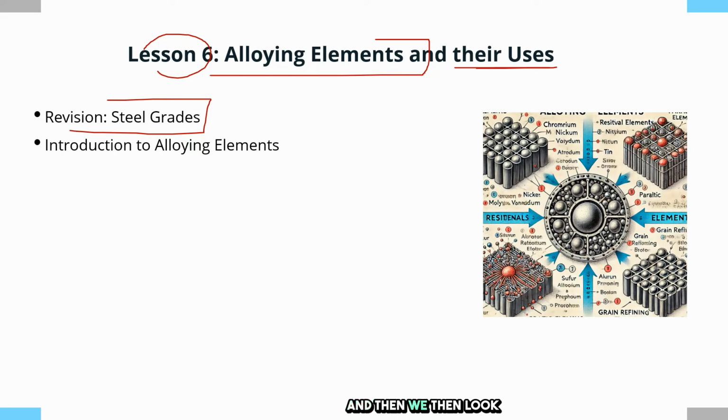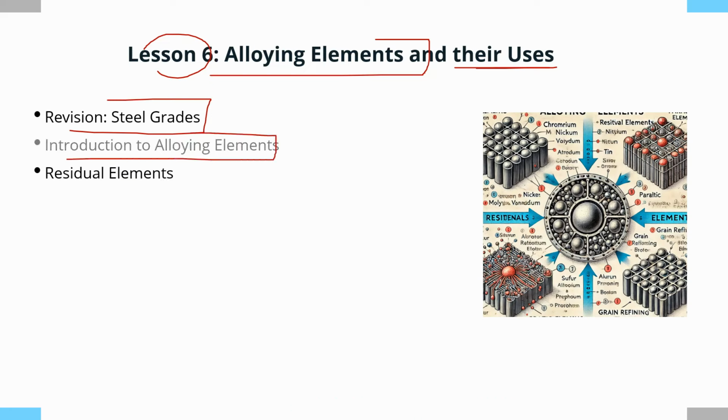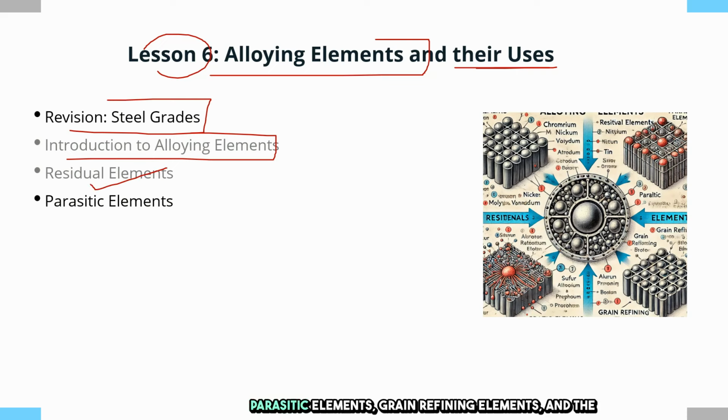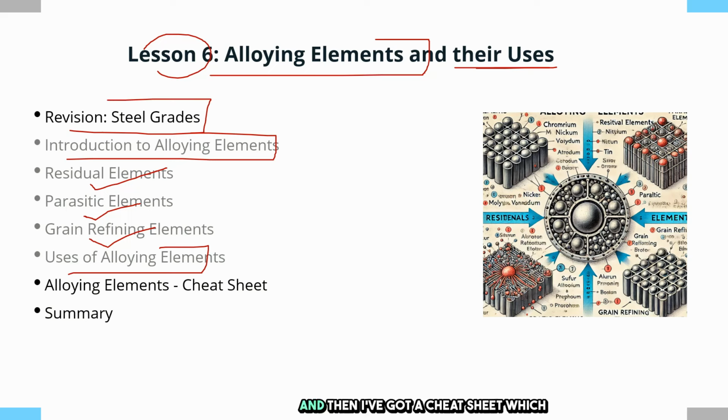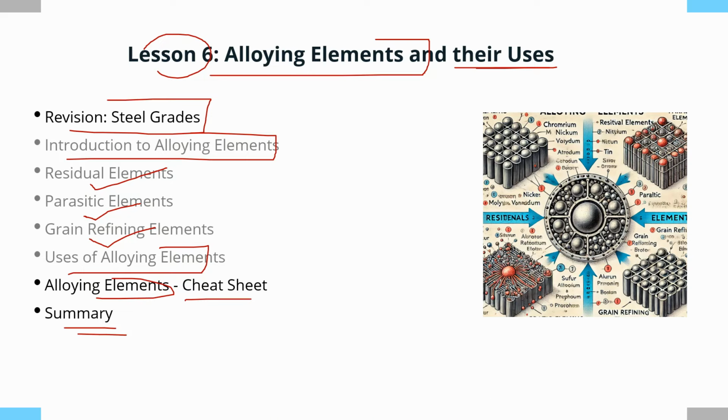Then we look at an introduction to alloying elements, residual elements, parasitic elements, grain refining elements, and the uses of alloying elements as well. And then I've got a cheat sheet which summarizes the alloying elements and the uses, and then we summarize the course.